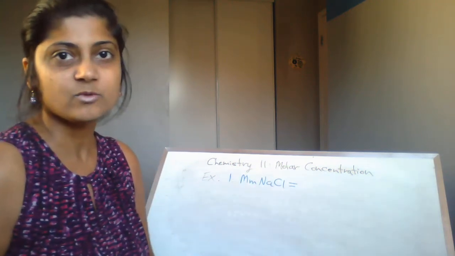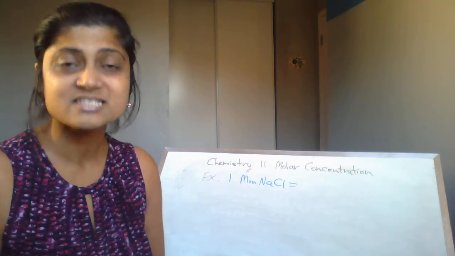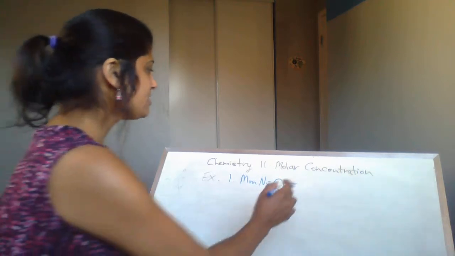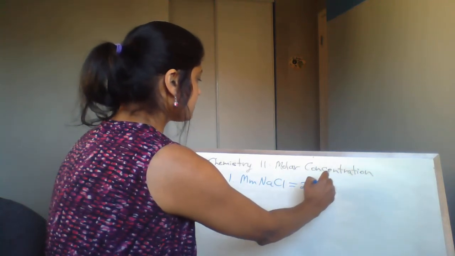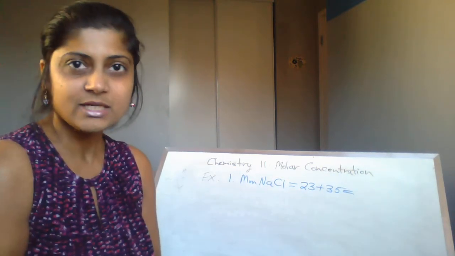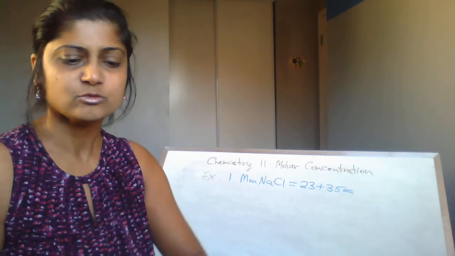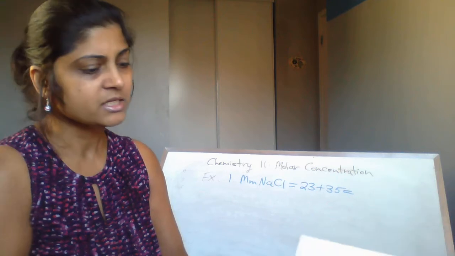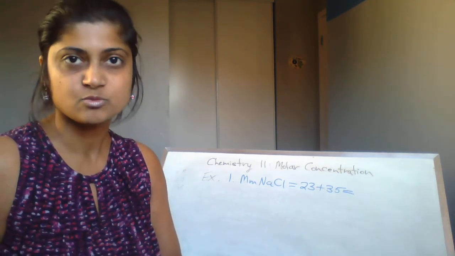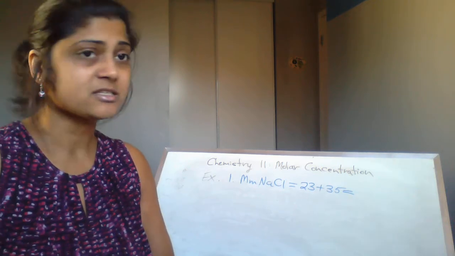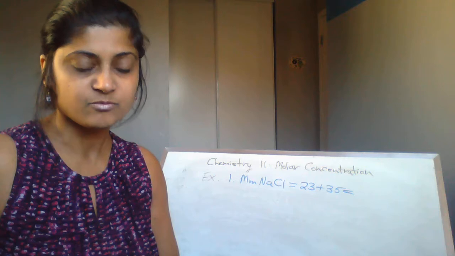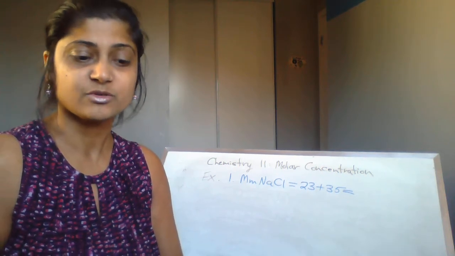So remember again, when we are looking for the molar mass, we're just using the values that we have within the periodic table. So we're going to do 23 plus 35. Make sure you are just rounding all of the numbers in terms of the values. The sodium is actually 22.99, I'm rounding that to 23 here, and chlorine is 35.45, and we're rounding it to 35.